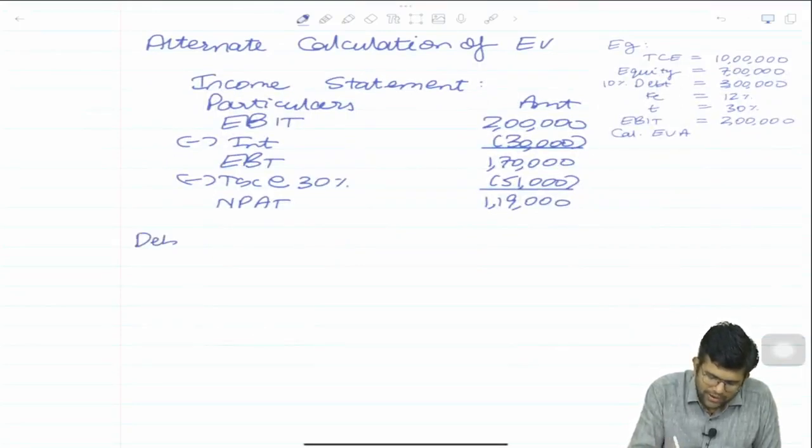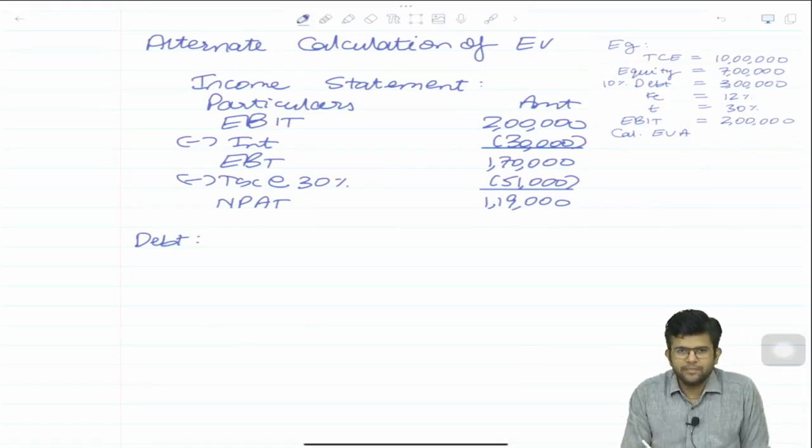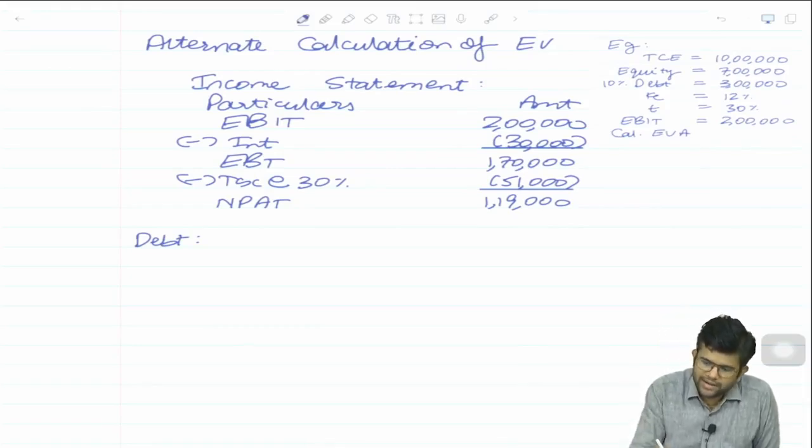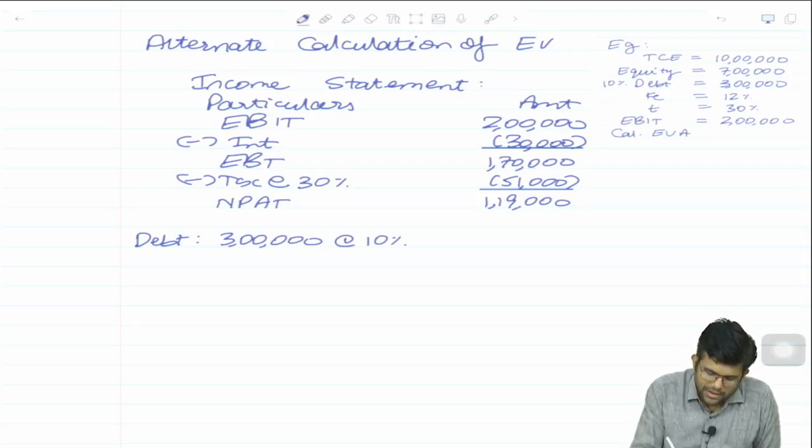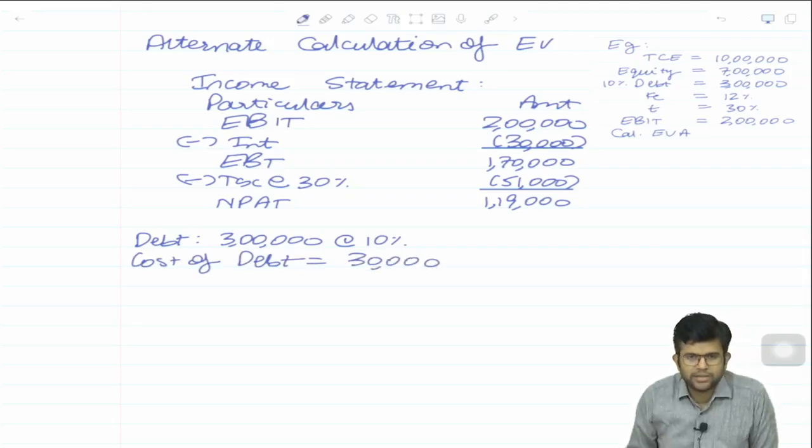Okay. Now, let's talk about debt. Everyone ready? Debt, can I say, is 3 lakh at the rate 10%. Can I say cost of debt is 30,000. I hope you are understanding. Cost of debt is 30,000.